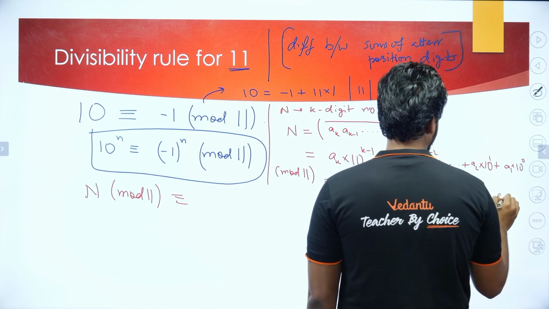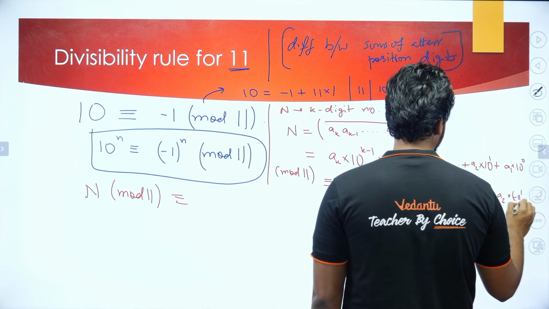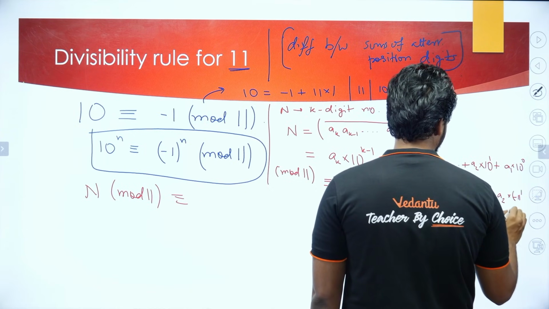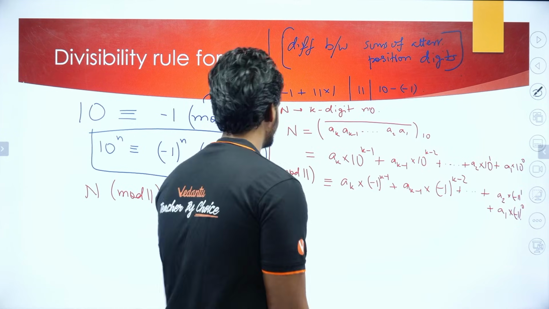Dot dot dot till a2 into minus 1 power 1 plus a1 into minus 1 power 0, right.